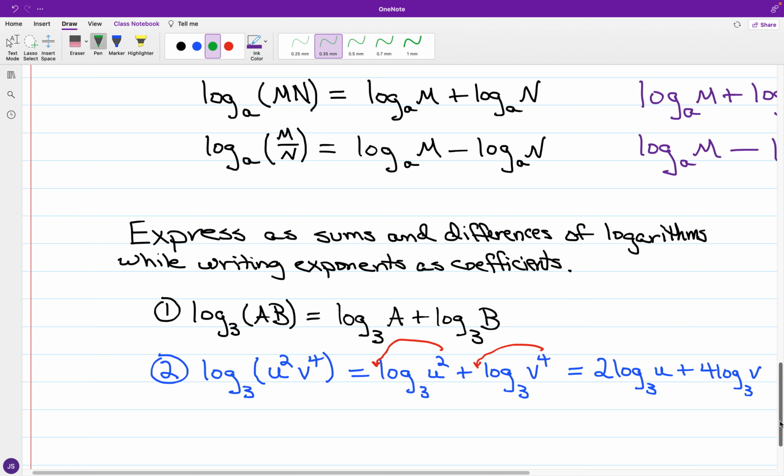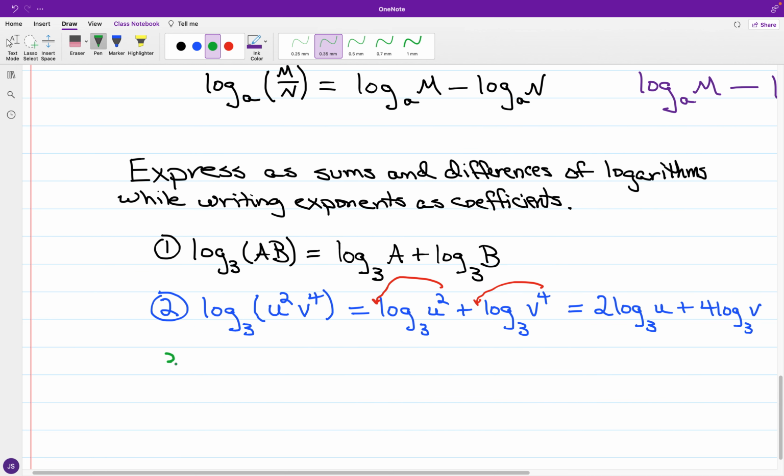Right. Now another special case, and this goes back to the very first property. Let's say we were looking at the base 6 logarithm of 36 times x to the 6th times y to the 9th.